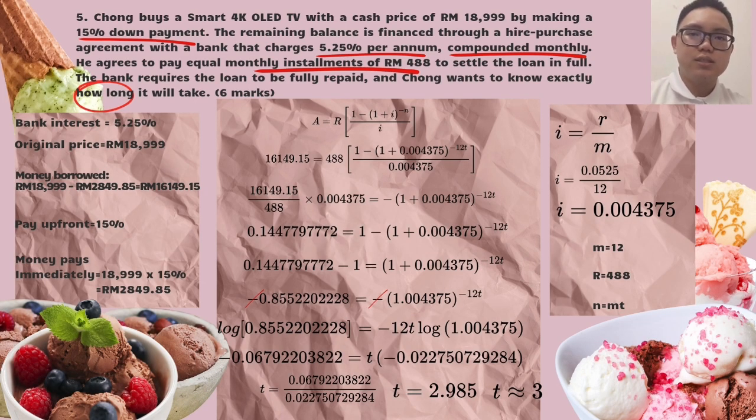And this will give us 0.855 equals 1.004375 to the power of negative 12t. And then we apply log on both sides to bring the exponent down. And only then we can solve for t. And t is equal to 2.985. So we round the number, which would be 3.